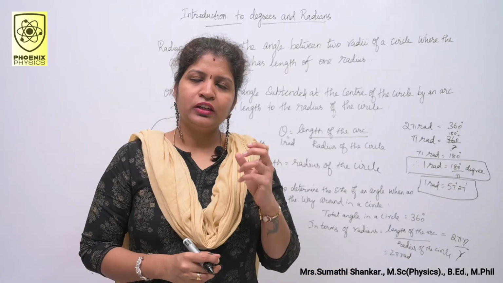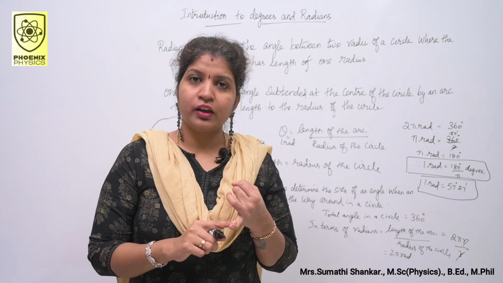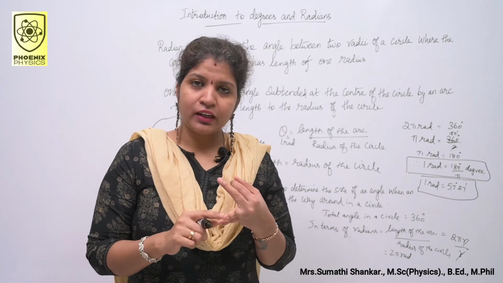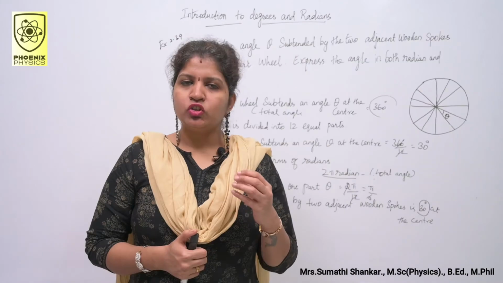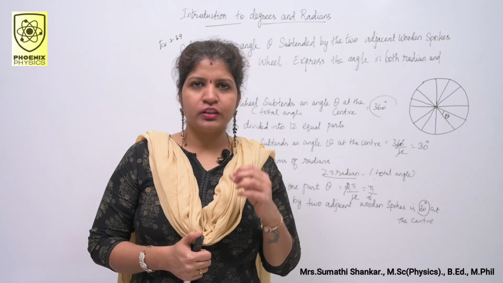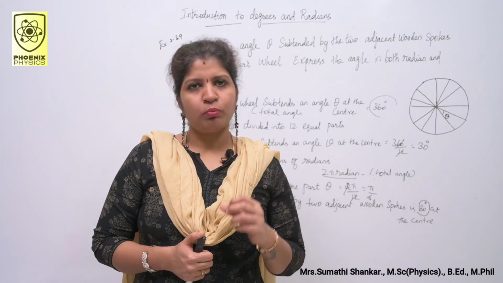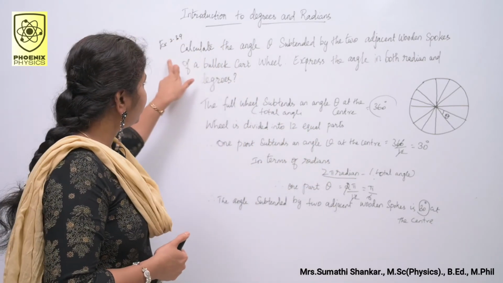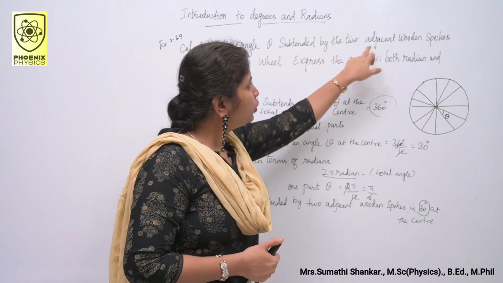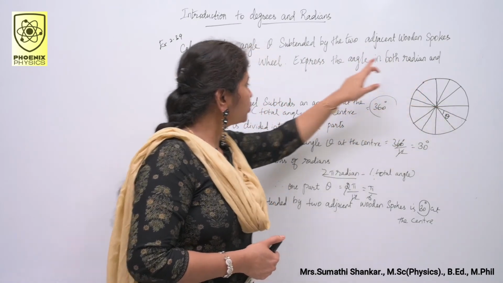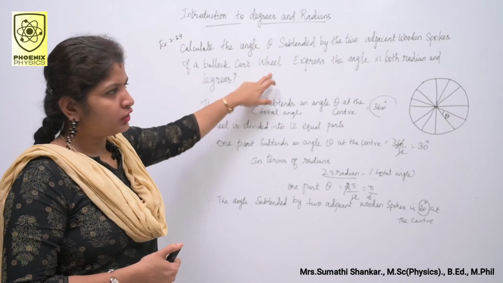In this class, we discussed about what is radian, what is degree, what is the relation between degrees and radians. Based on the units of radians and degrees, one example problem is given. Calculate the angle theta subtended by the two adjacent wooden spokes of a bullock cart wheel.